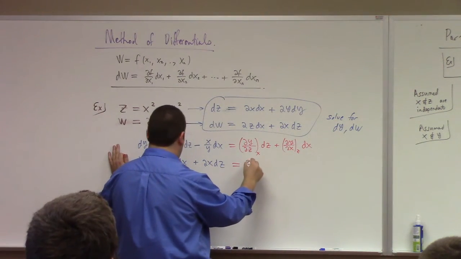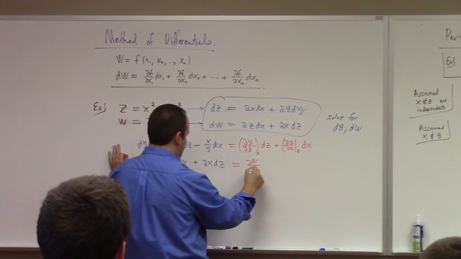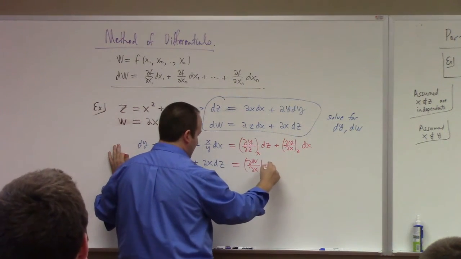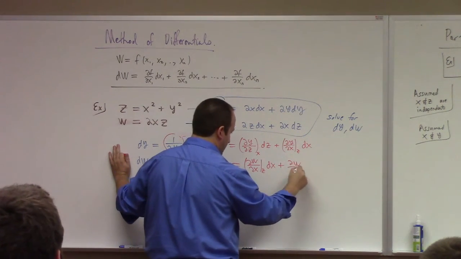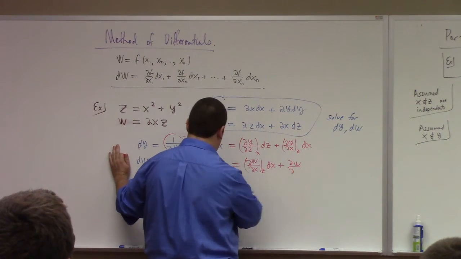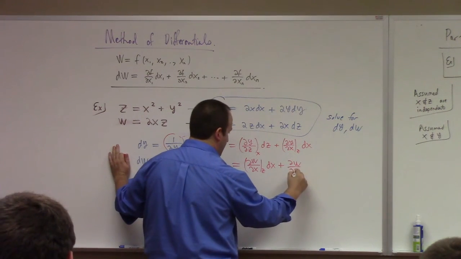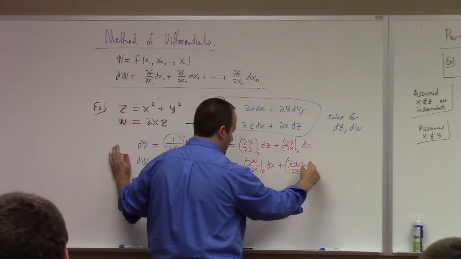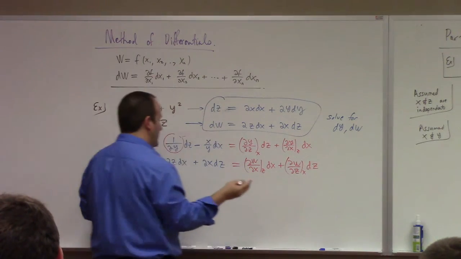This will be partial w, partial x, holding z fixed, dx, plus partial w, partial z, holding x fixed, dz. I'm just writing in this weird order because it's what I have over here. And you can actually think of it this way.